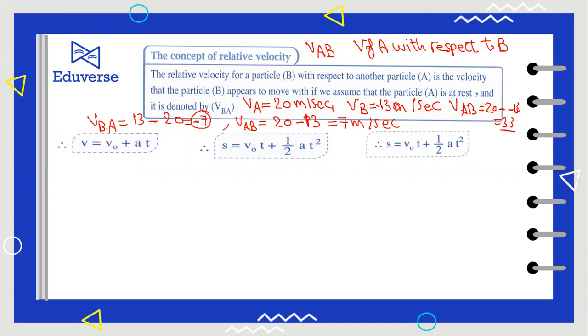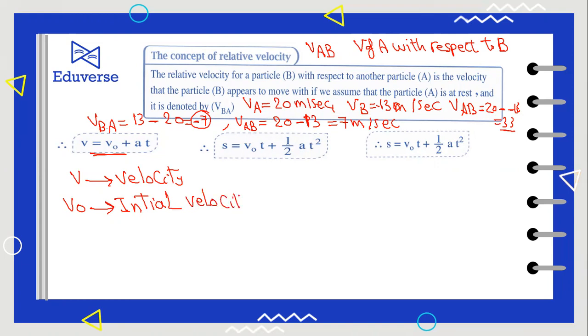Here, the three rules of motion. First one is V equals V naught plus AT. V refers to the velocity. V naught refers to the initial velocity.